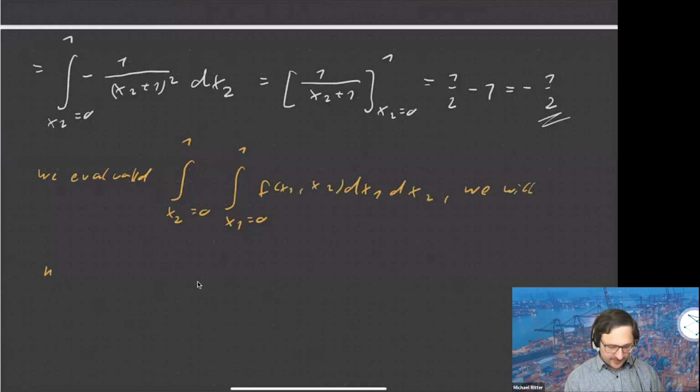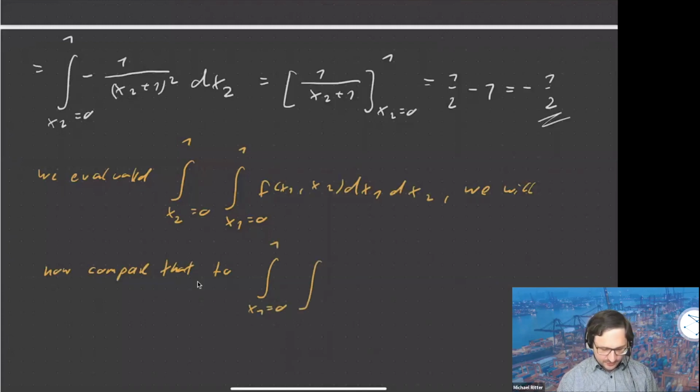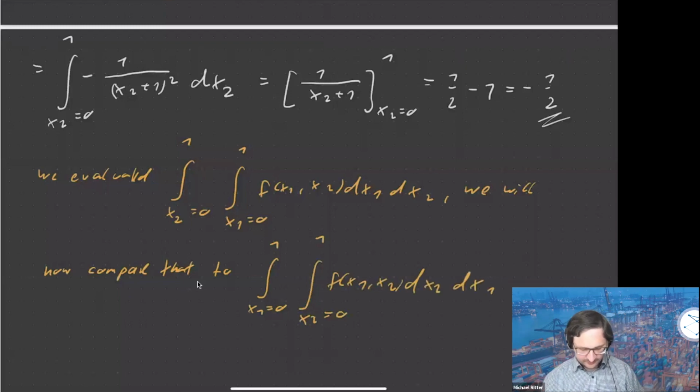Okay, we will now compare that to the integral where we integrate over x1 on the outside and x2 on the inside. So x2 is the inner integral, x1 is the outer integral. And we will see, as I told you already, that these will not match up.